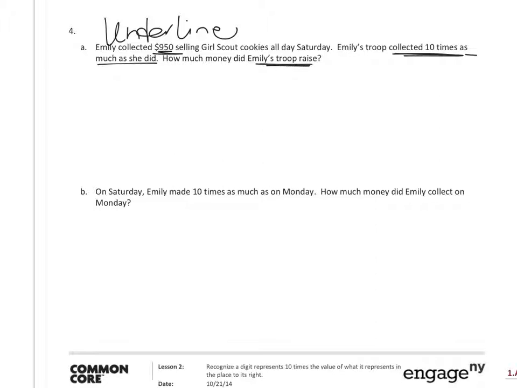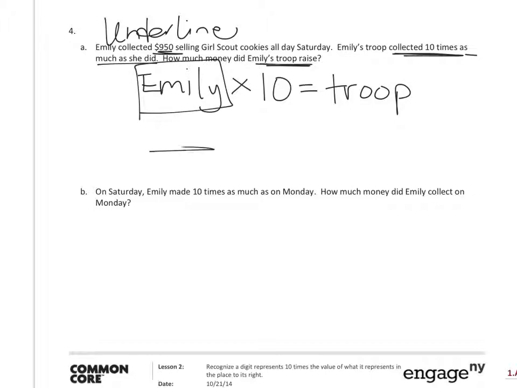Well, I see what Emily raised. I know that her troop collected 10 times as much, and that's going to be how much the troop has raised. So students should find out how much Emily made, put that number here, multiply that by 10, and then solve for how much the troop made.